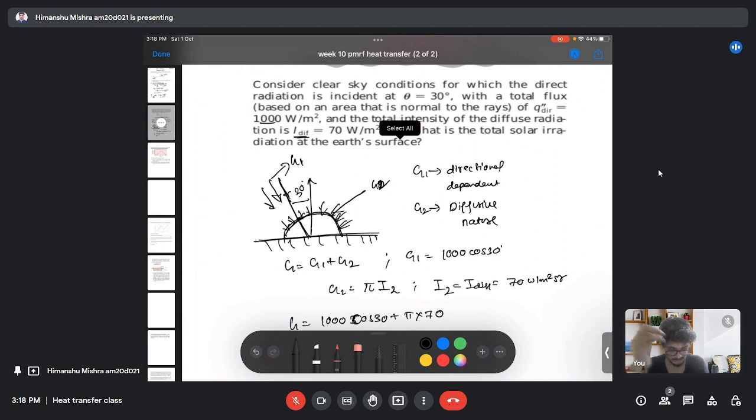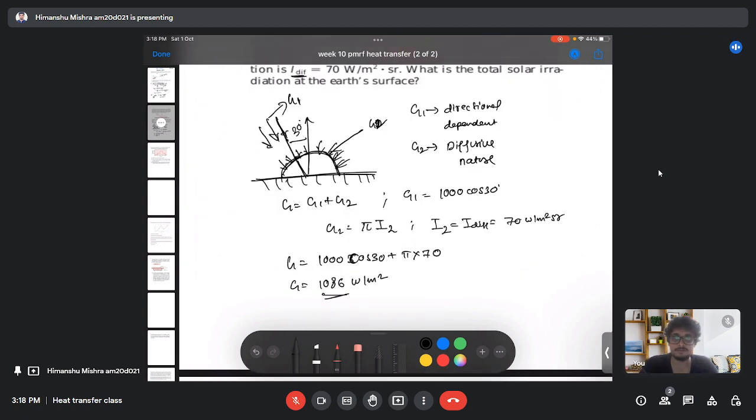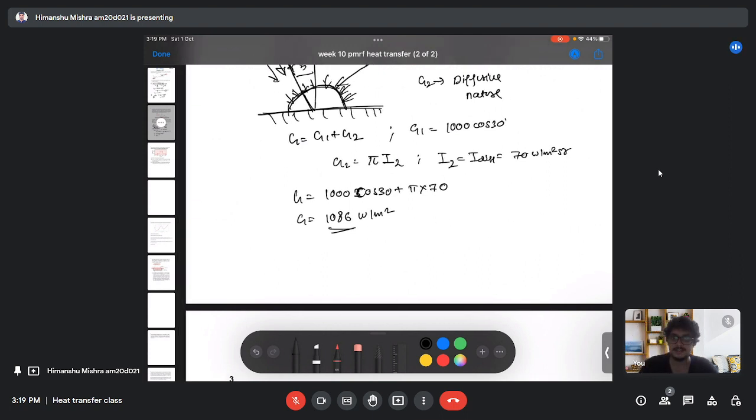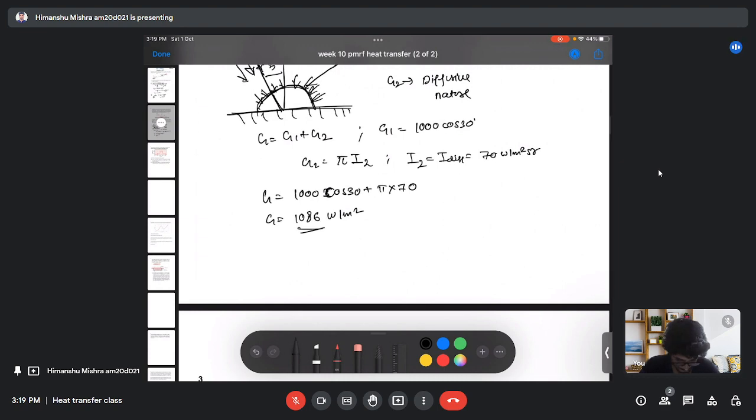Therefore the total amount of radiation I am receiving is the summation of all types of irradiation. So it is a pretty straightforward calculation. Let's move to a different question.